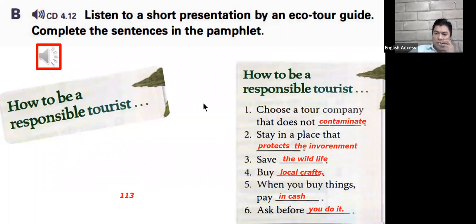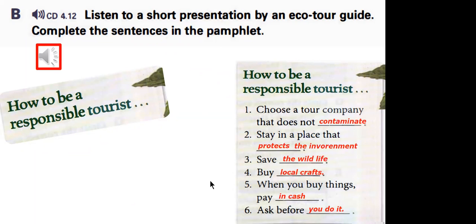This pamphlet is right there on your book, page 113. All you have to do is listen to the presentation and complete the pamphlet with information from the presentation. Are you ready? Yes. Excellent. Let's listen.